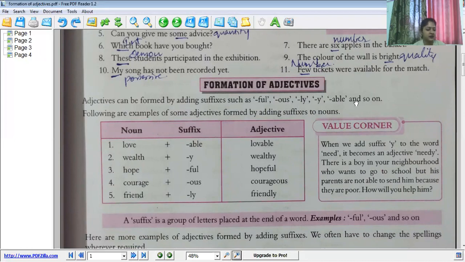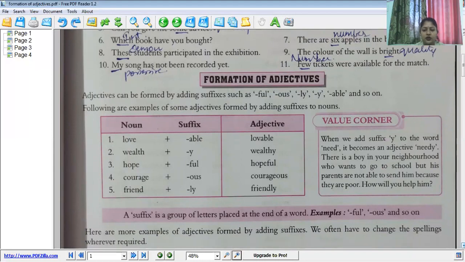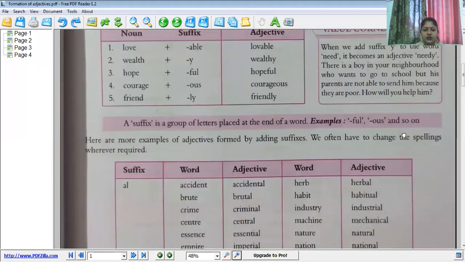Now, what explanation is given? A suffix is a group of letters placed at the end of a word. For example, ful, ous, ly, y, and so on. Here there are some examples of adjectives formed by adding suffixes. We have to change the spelling when required. So you have to be really good at your spellings.